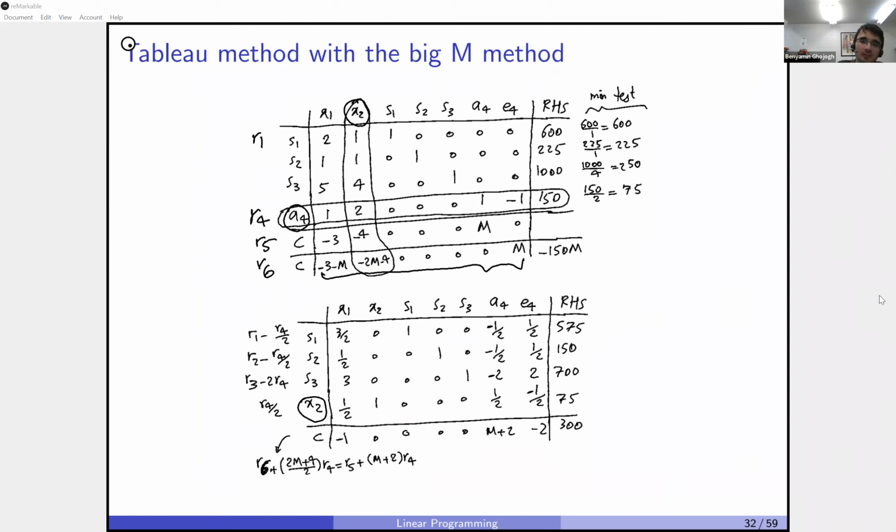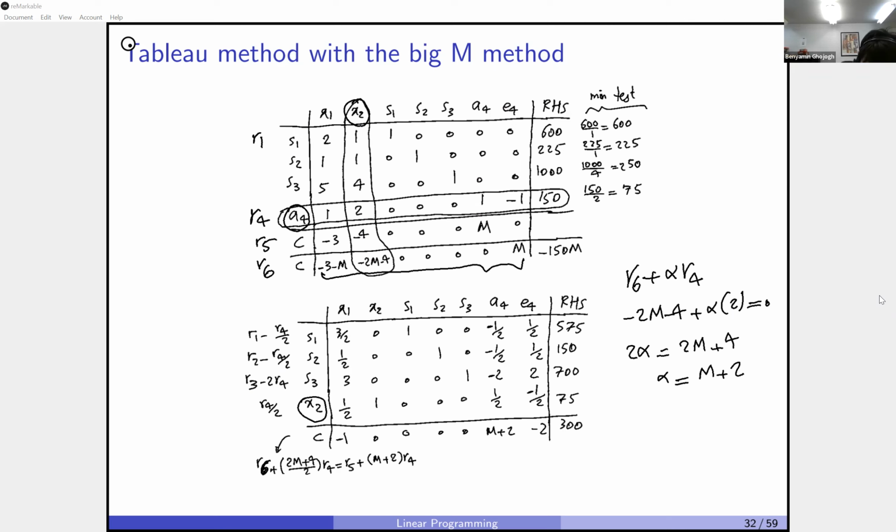So R6, let me write it here. R6 plus alpha R4. What is R6? Minus 2M minus 4 here. Plus alpha, what is R4? 2. This should become 0, yeah? Yes. I want to make everything 0 except this. So what is alpha? 2 alpha becomes 2M plus 4. Alpha becomes M plus 2.